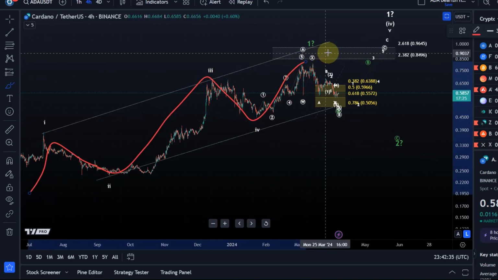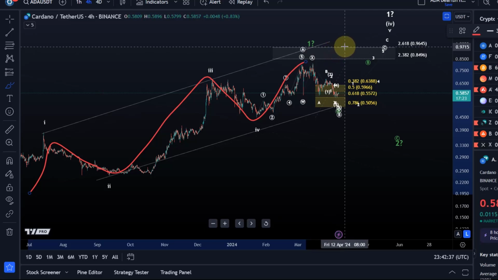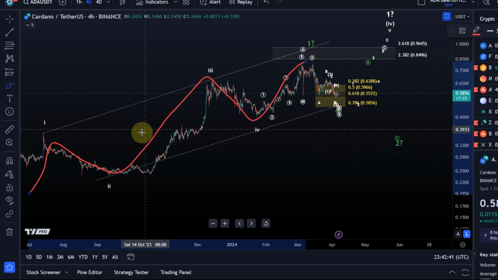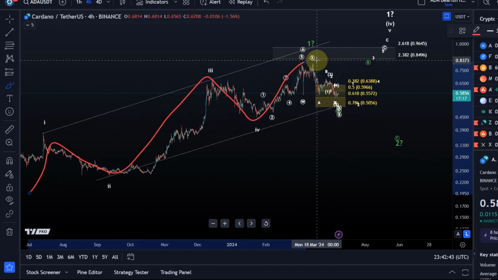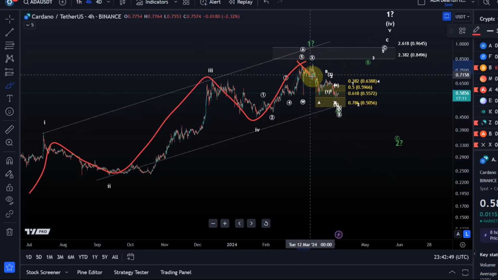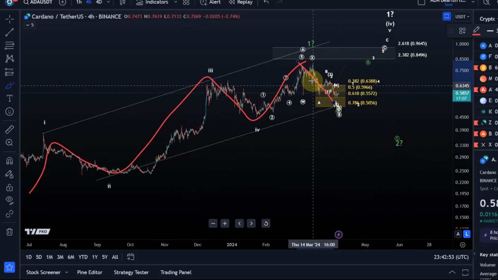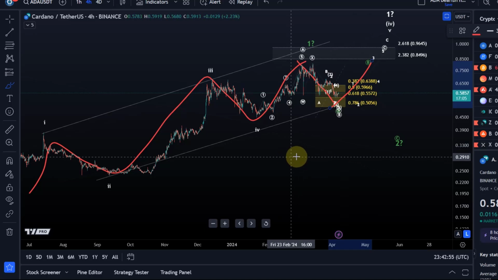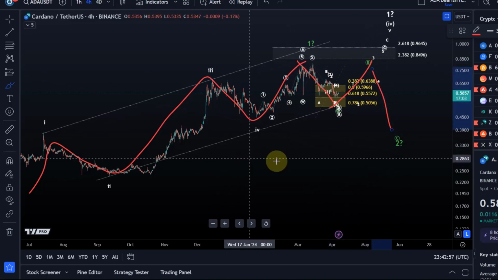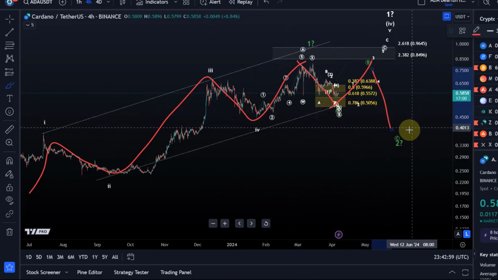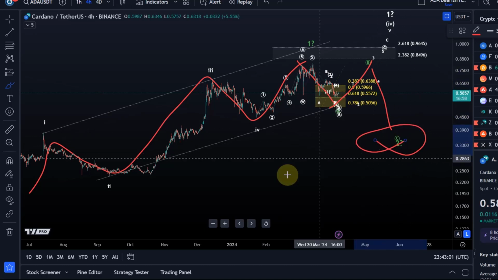The fifth wave is a bit too short, however, to have a perfect structure, but it's possible because we can visually identify 5 waves up. This would complete a leading diagonal. The move down into the yellow support region is classified as an A wave of wave 2. Then we could get a B wave next, and then a C wave down. If that becomes quite obvious, I will add a support zone for wave 2.